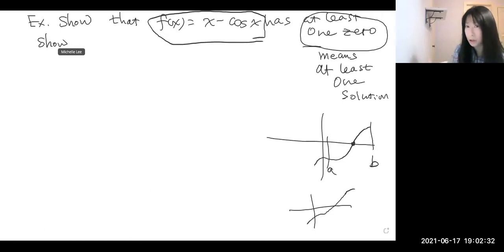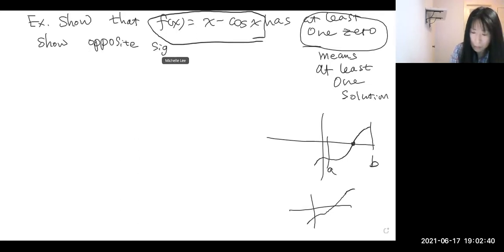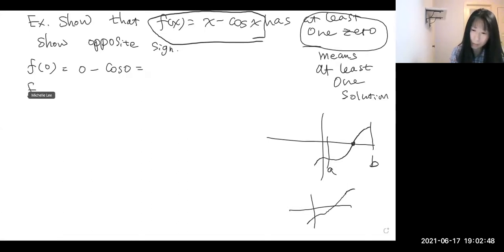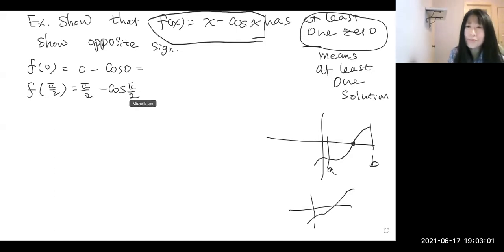So let us show opposite signs. We know that this is continuous, okay? F of 0, so 0 minus cosine 0, what do you get? I think cosine 0 is 1, so it would be negative 1. So -1 is less than 0, right?